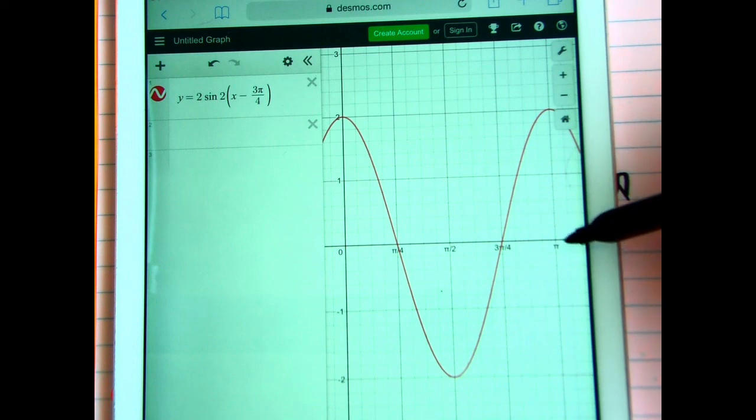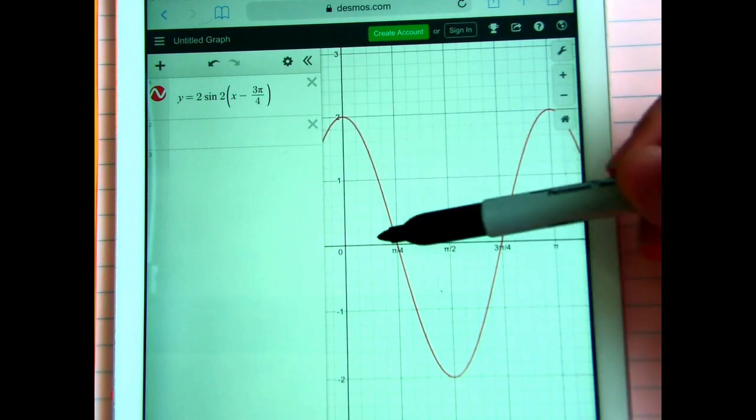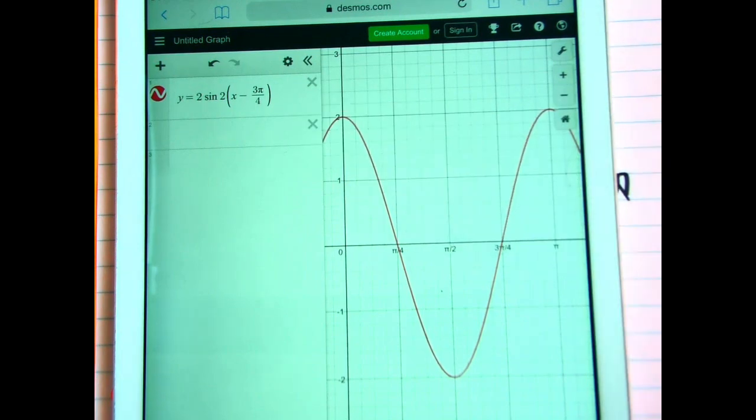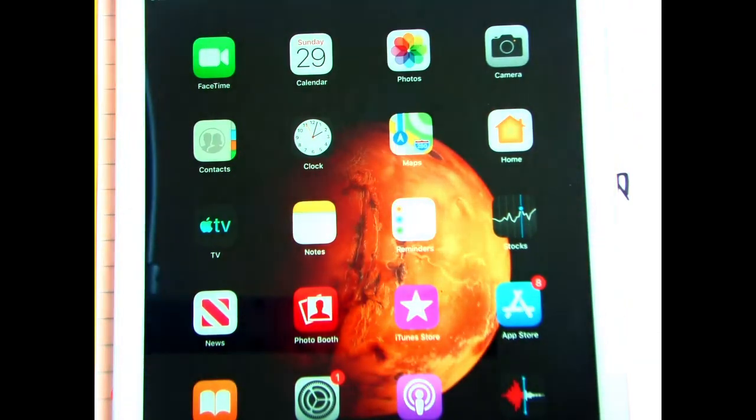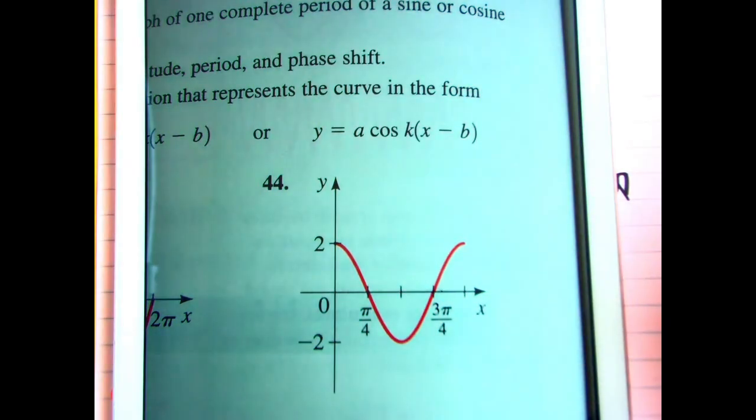So it should resemble the picture from our textbook. So if I get out of Desmos here, and if I go to our pictures, it is the same picture. An amplitude of 2, a period of pi, and a phase shift of 3 pi over 4.